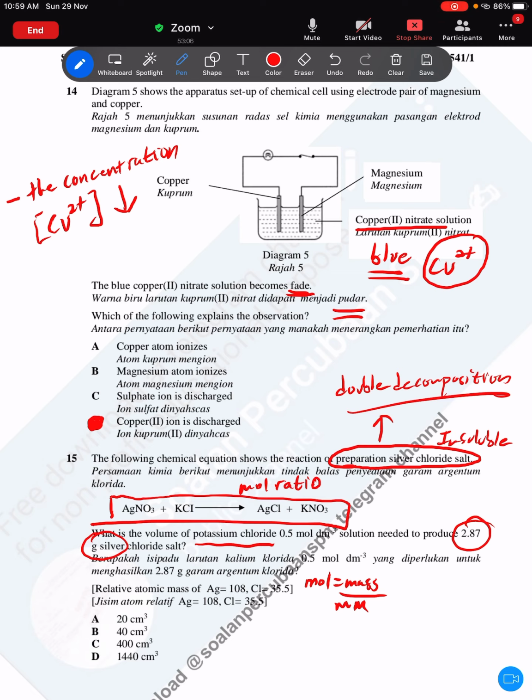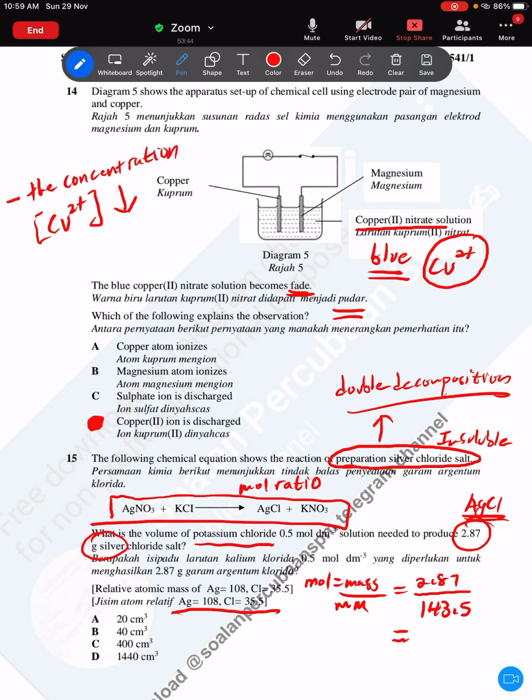Okay, so let's look over here. The mass that I use will be 2.87 over what is the molar mass of silver chloride? AgCl. What is the molar mass? You can calculate from here. 143.5. Very good.